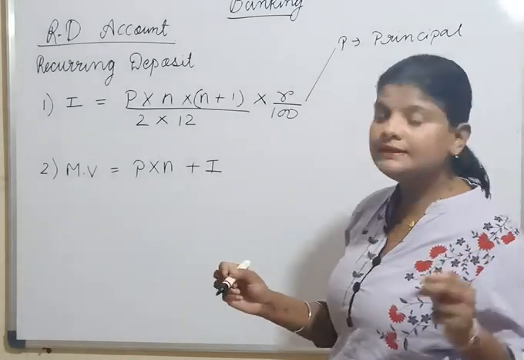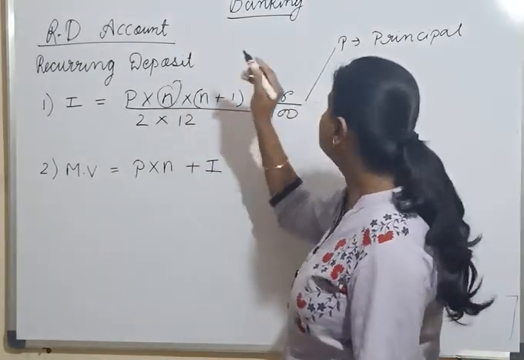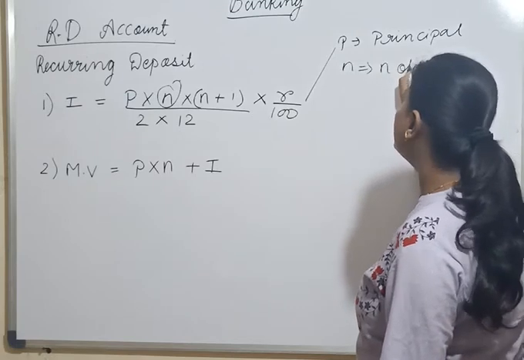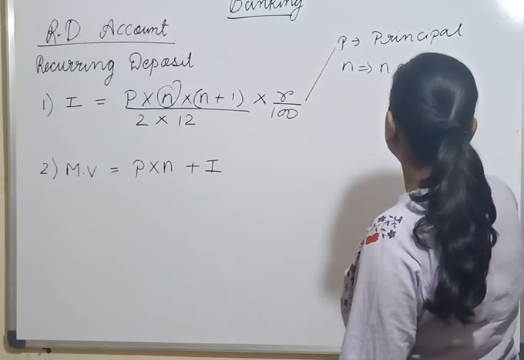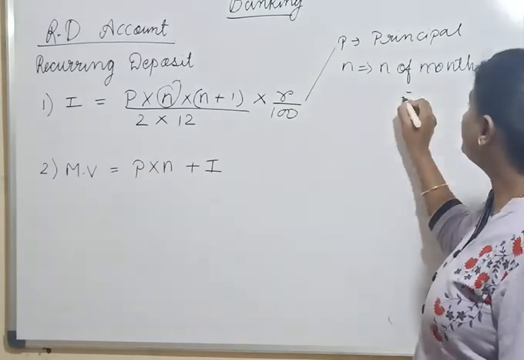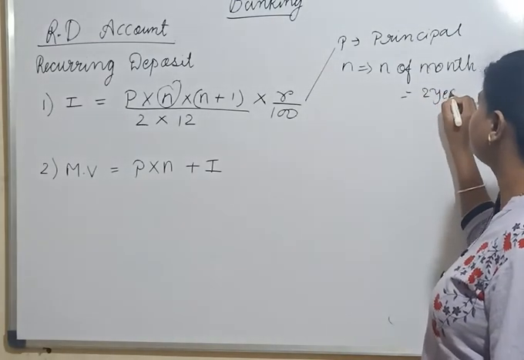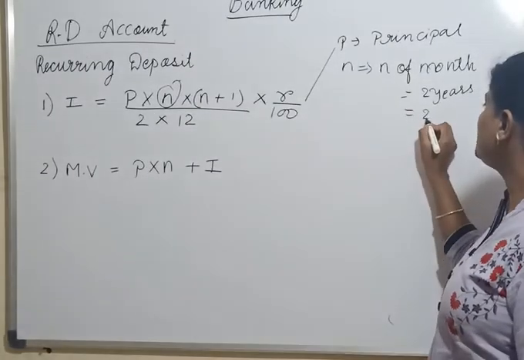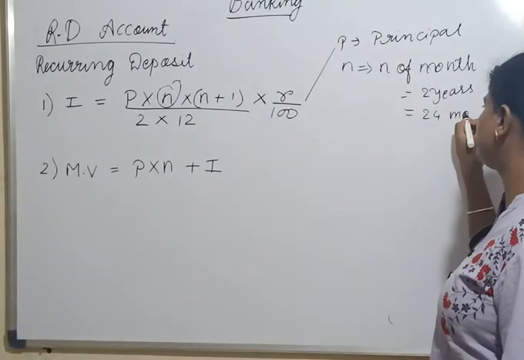Then the next term is N. This N will always be in number of months. In 2 years, how many months will there be?